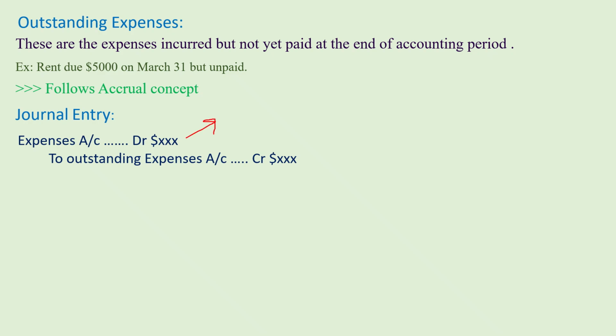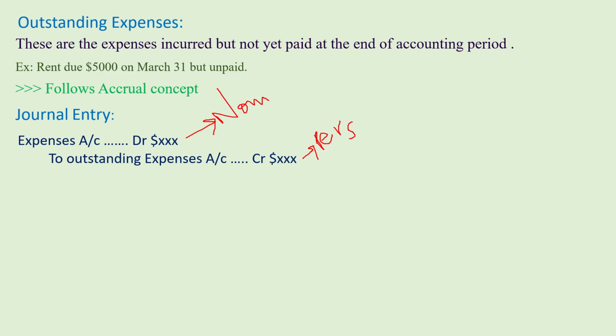So this is according to the nominal account, and this is according to the personal account. Here, according to the nominal account, we know that we debit all expenses and losses. So we have debited the expenses account.